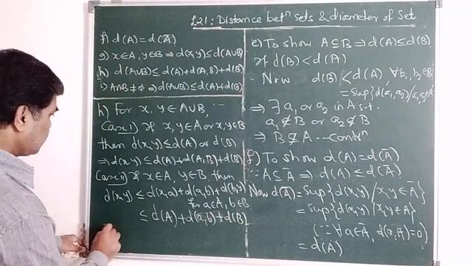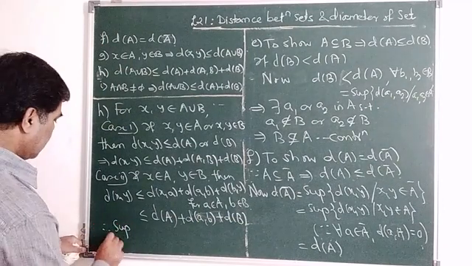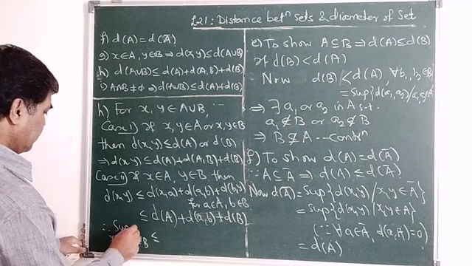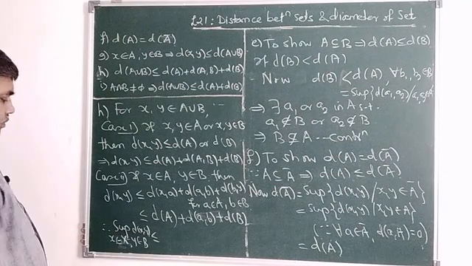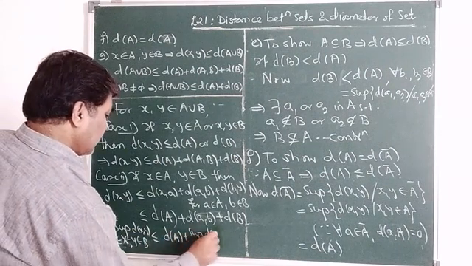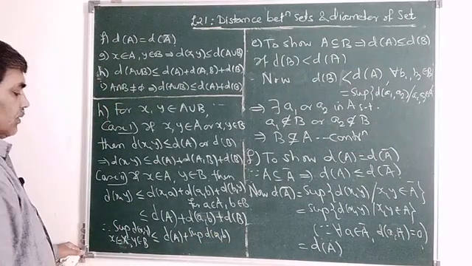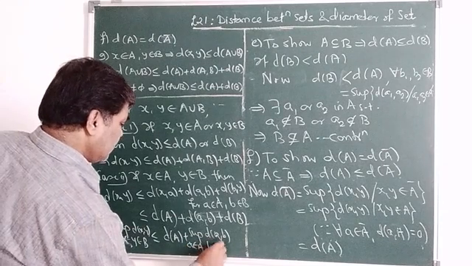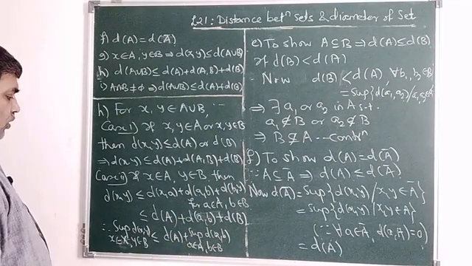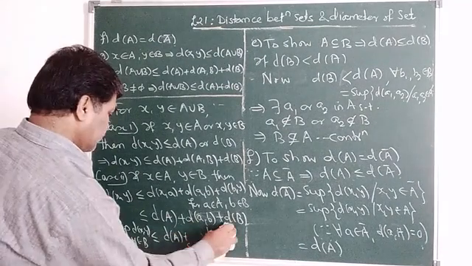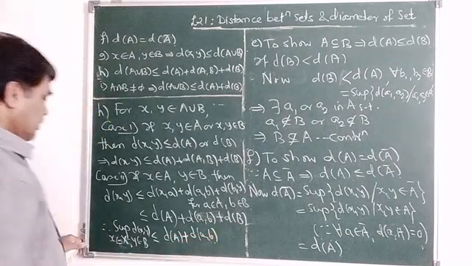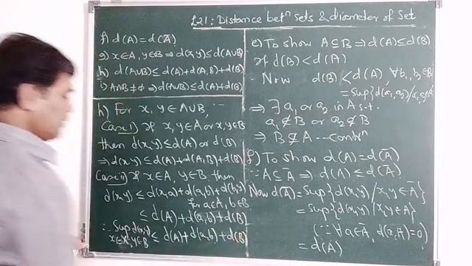Okay, and therefore if I take the supremum over x belonging to A, y belonging to B, it is less than or equal to the diameter of A plus the supremum of d(a,b), where a is in A and b is in B. This is true for any two points. Sorry, plus d(a,b) plus the diameter of B. Right.